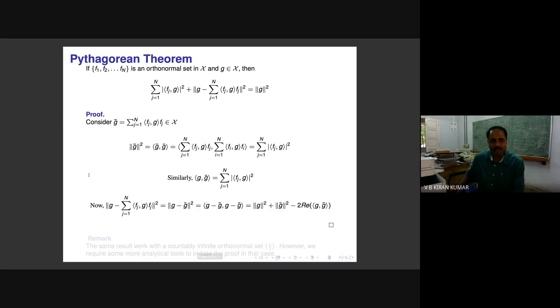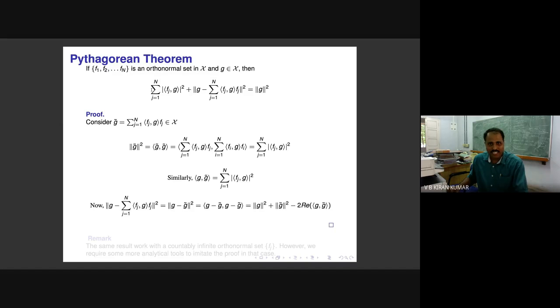Now let me prove a Pythagorean theorem. You start from a finite orthonormal set in X, f1, f2, up to fn, and g is an arbitrary element in X. Then you have this very important identity.